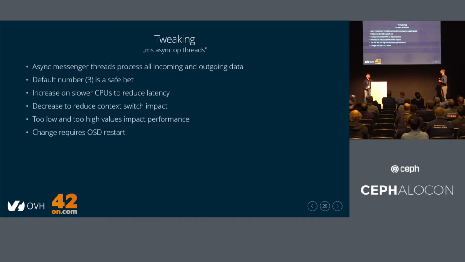Another thing you can try to change is async op threads, because by default this number is set to 3. But this number is actually a safe bet. You should keep it at that, unless you have a slow CPU that struggles to process the incoming operations and you are getting a lot of waits on the sockets.